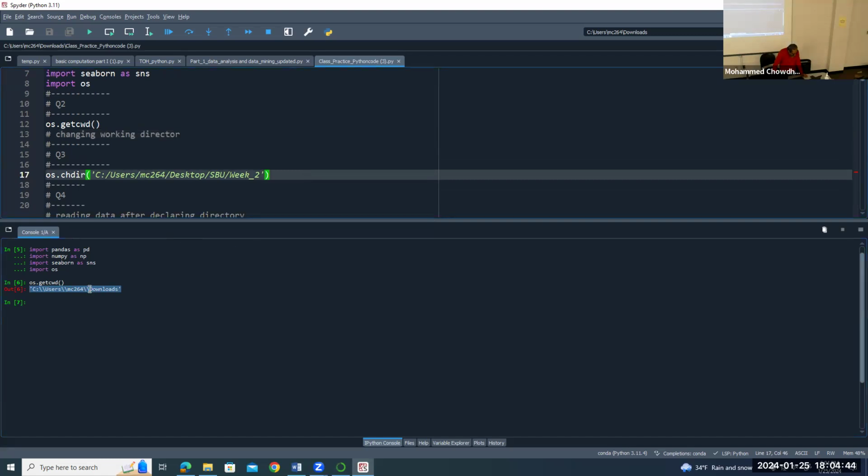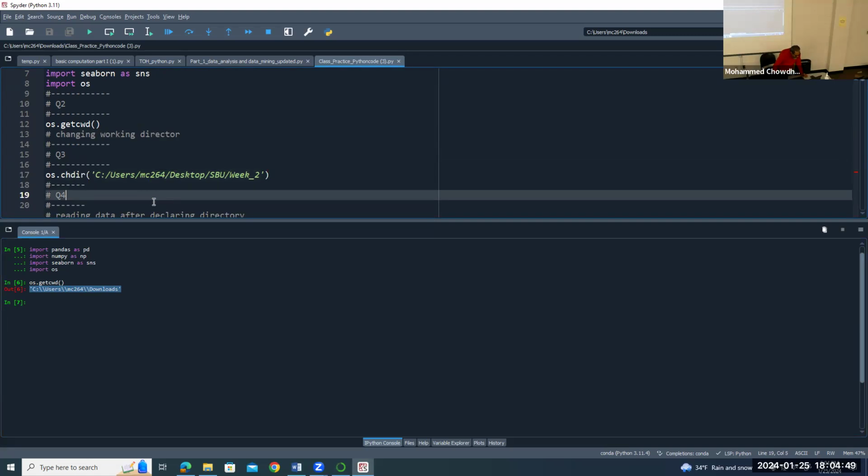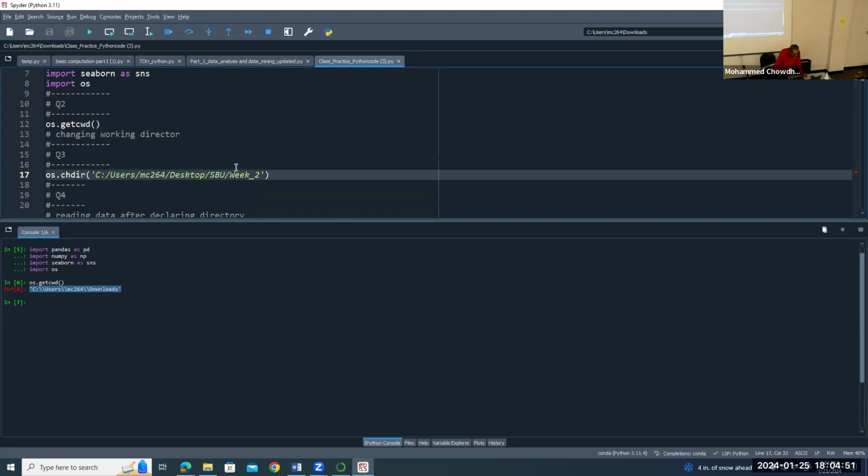So I have to copy this. I just need to copy this, the user path, and I just want to change it here to downloads. And that's it, downloads. And what is line number 17 telling you?